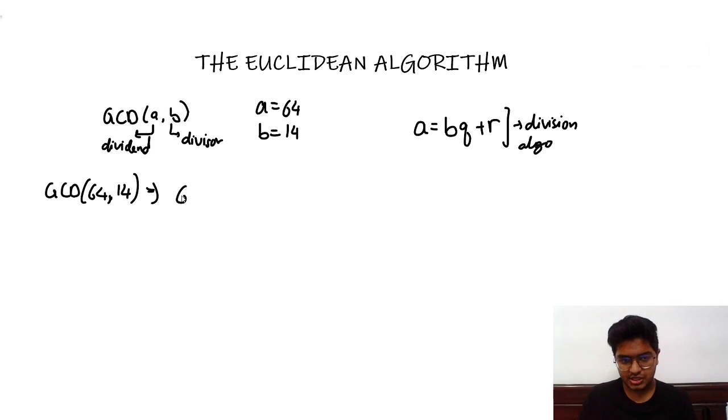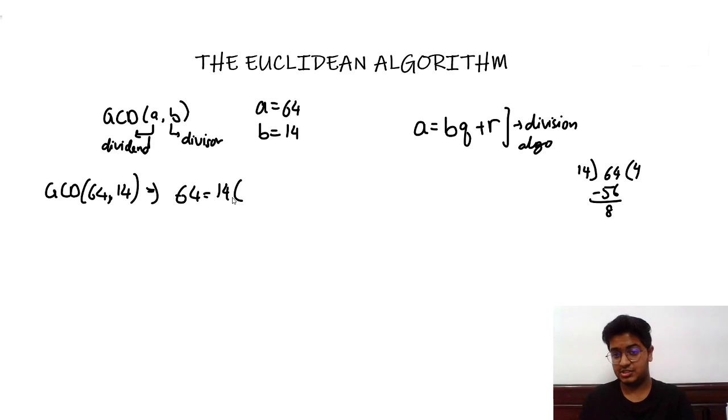Let's divide: 64 divided by 14, 14 times 4 goes 56, remainder 8. So 64 equals 14 multiplied by the quotient, which is 4, plus the remainder, which is 8.